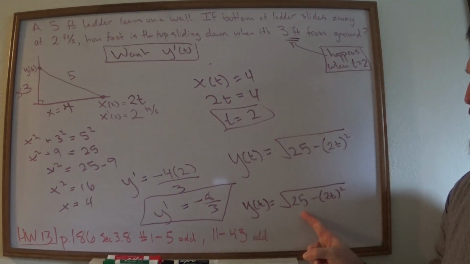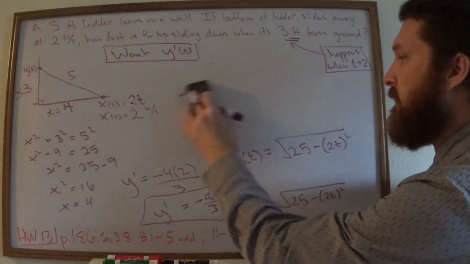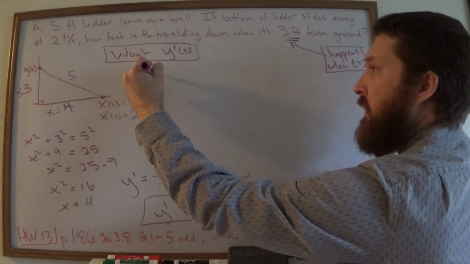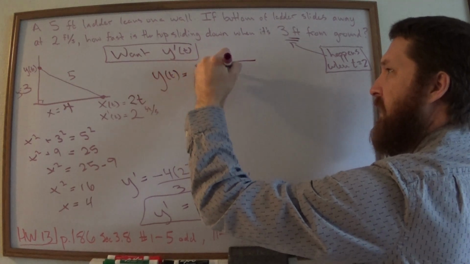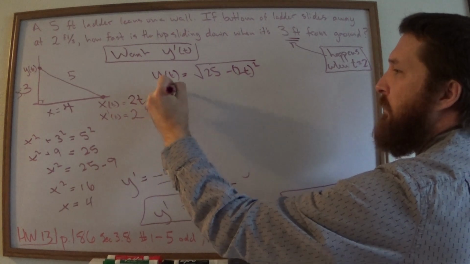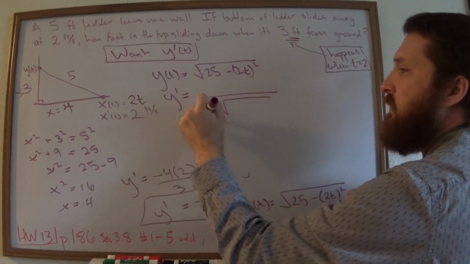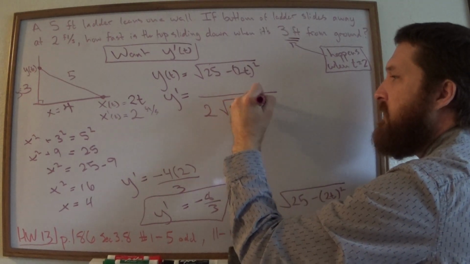And so here's my function, which gives me y at any time t. And so what we care about is y prime of t. So if y of t is equal to the root of (25 minus 2t) quantity squared, then y prime is, okay, the root comes down like this, and we do a 2, right? 25 minus 2t quantity squared.